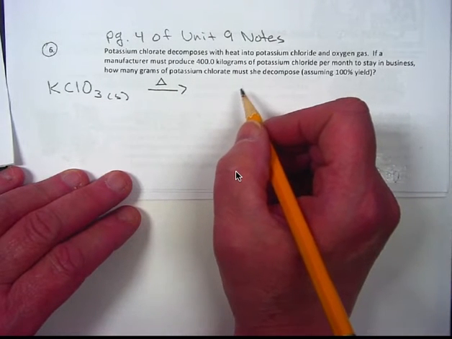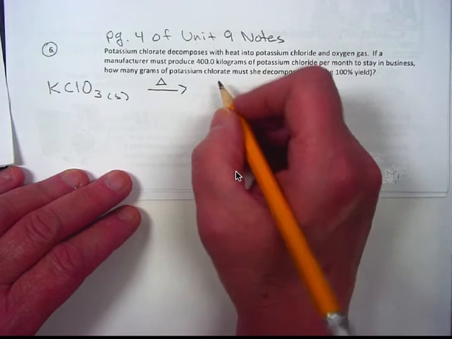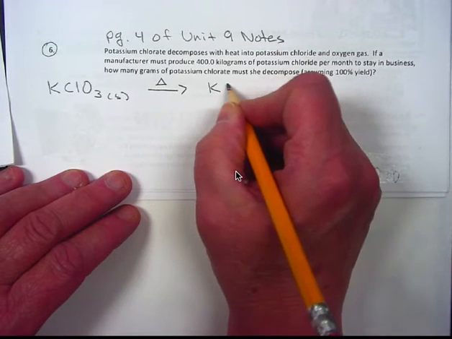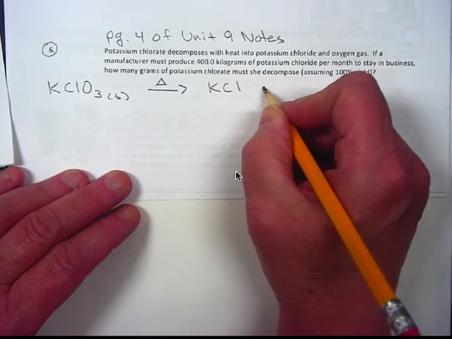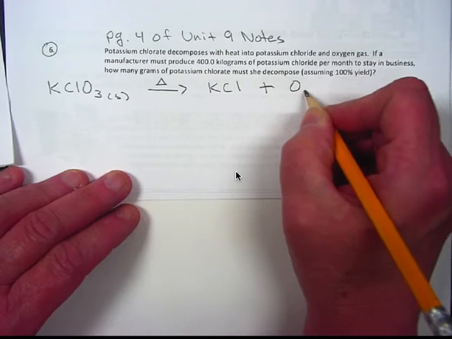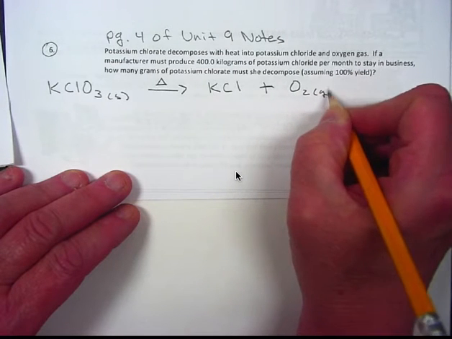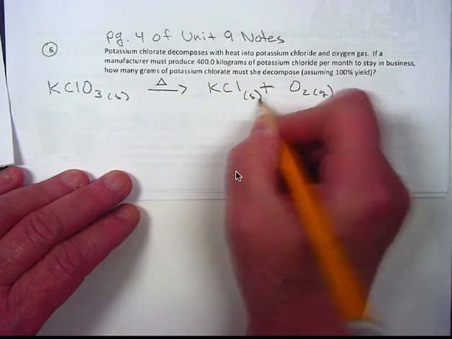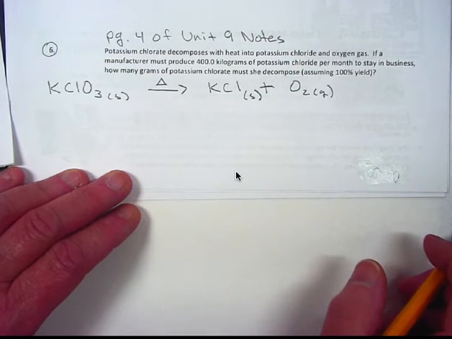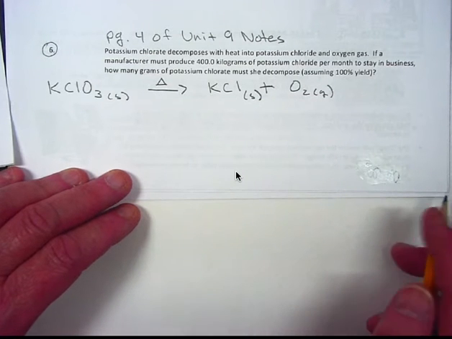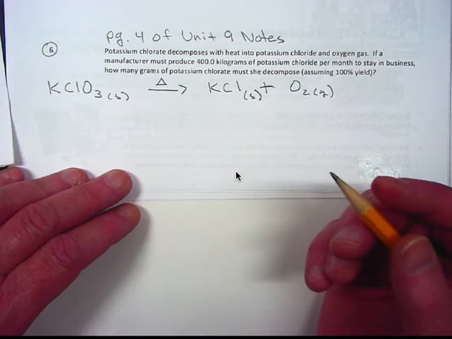And it is being decomposed into potassium chloride and oxygen. So first step that we have to do with this equation is, of course, balance it.